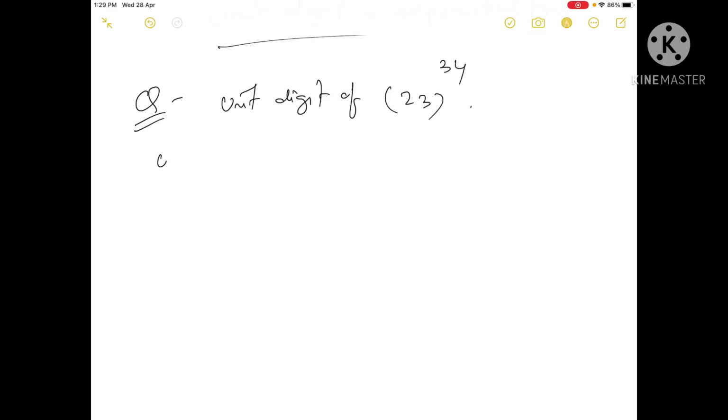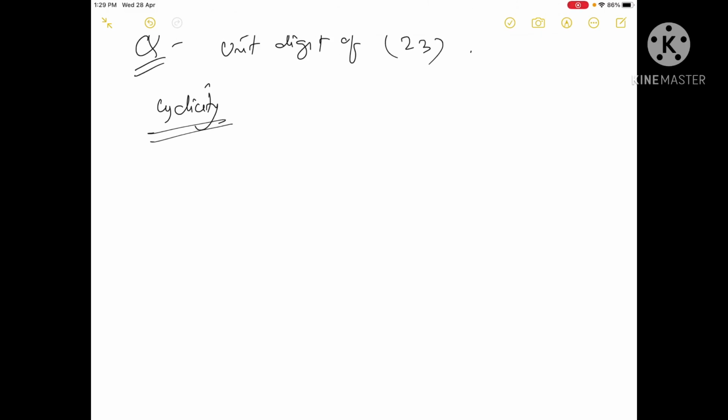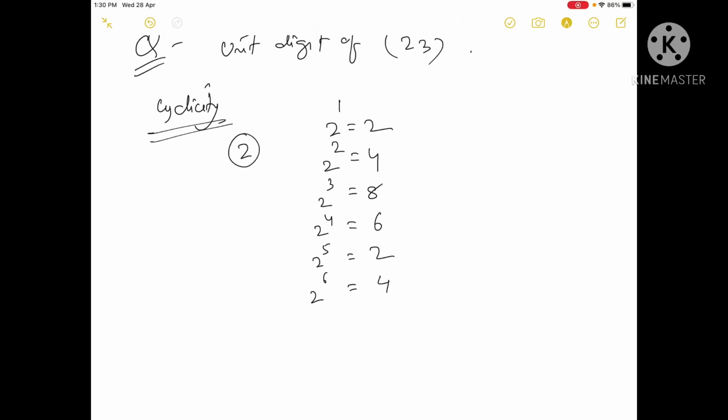Now we will know about cyclicity. To know this method, we should know something about cyclicity. Suppose I am considering the number 2. 2 to the power 1 is 2, 2 to the power 2 is 4, 2 to the power 3 is 8, 2 to the power 4 is 16, so the unit digit is 6. 2 to the power 5 is 32, unit digit is 2. 2 to the power 6 is 64, unit digit is 4.